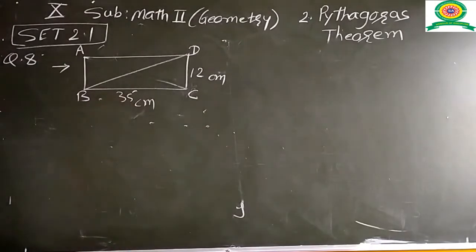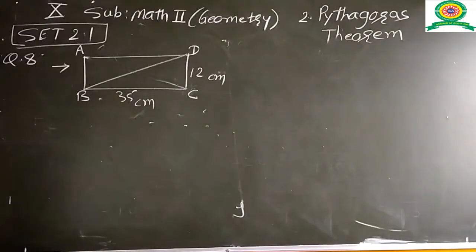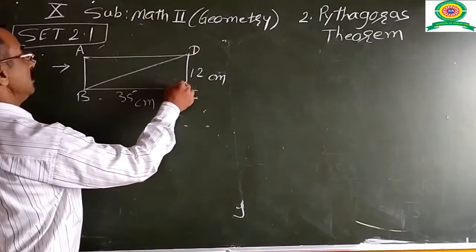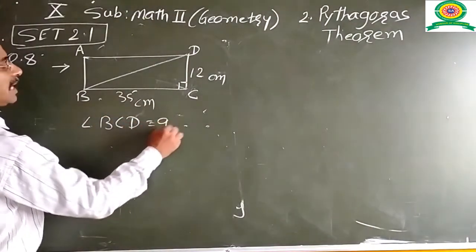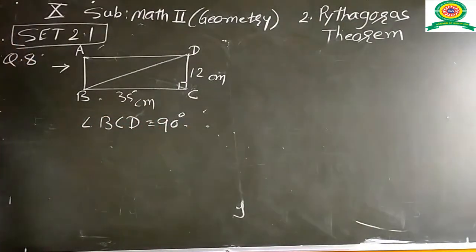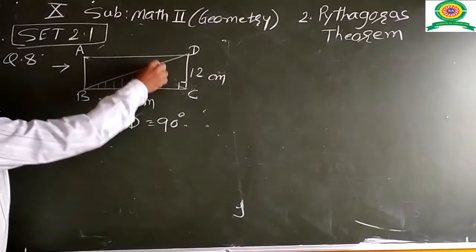Then we are solving this sum. In a rectangle, all angles are of 90 degrees. So the angle BCD is 90 degrees, and we are taking this part of the rectangle.